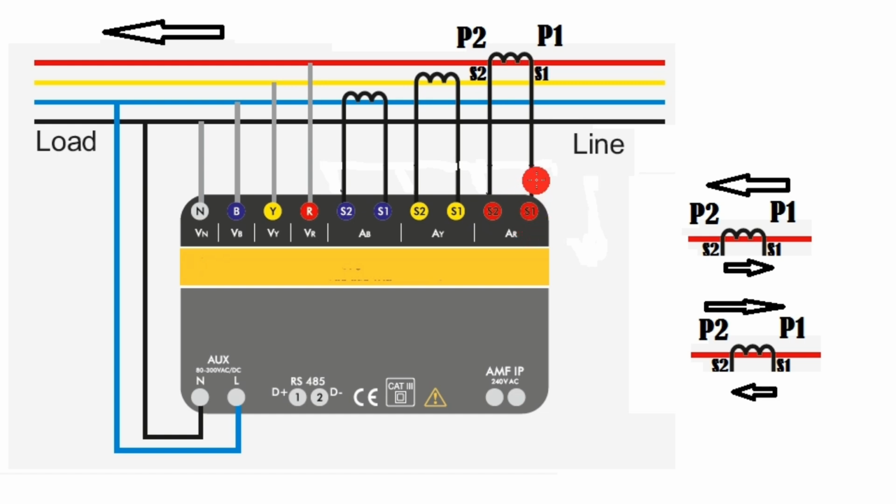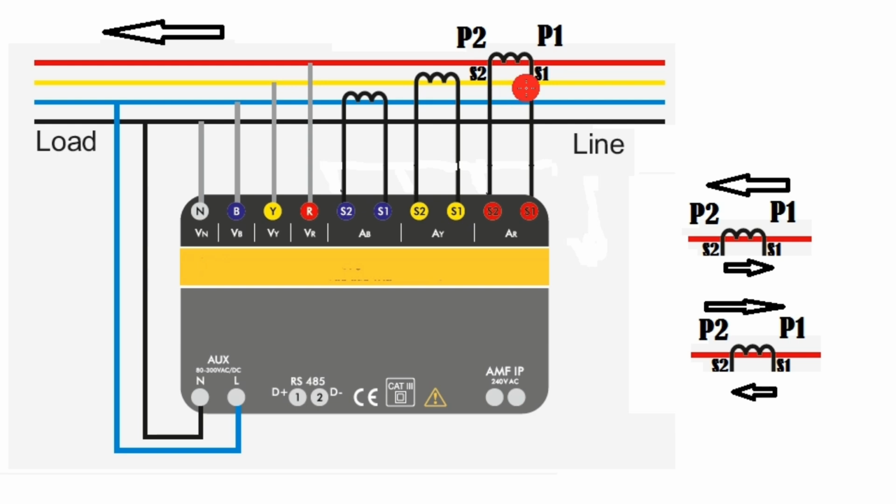Now consider that the bus is taking power from this feeder. In this condition, current will flow from P2 to P1 direction. If current flows from P2 to P1 direction, the direction of the current in the CT secondary side will be from S1 to S2.